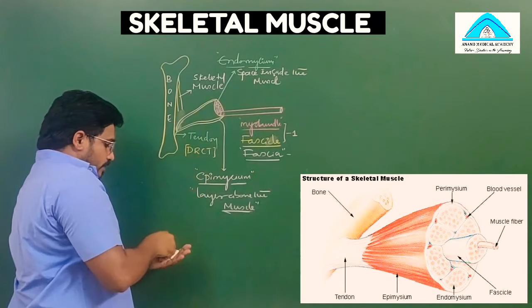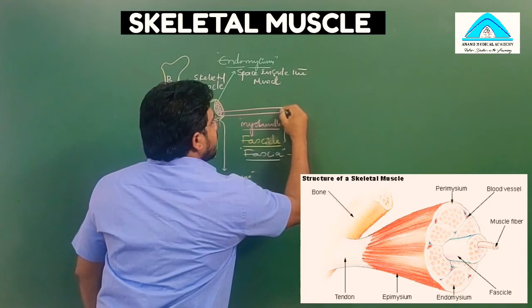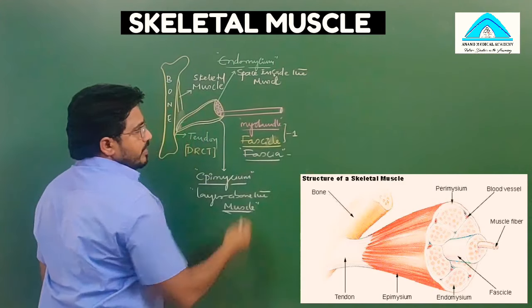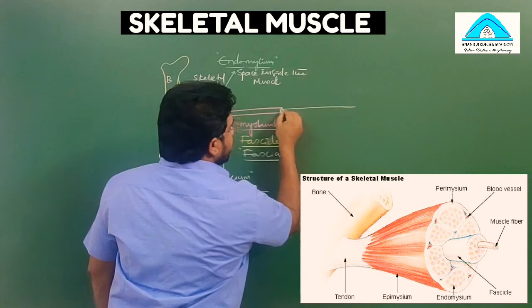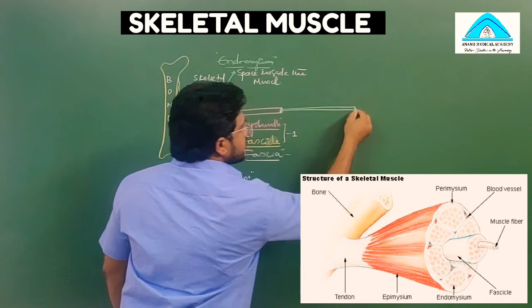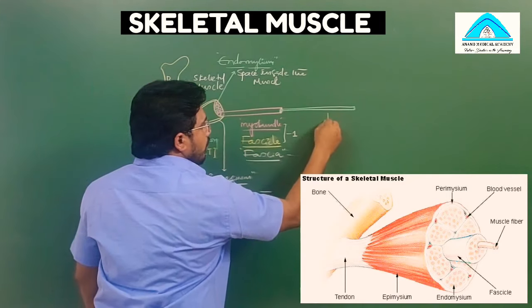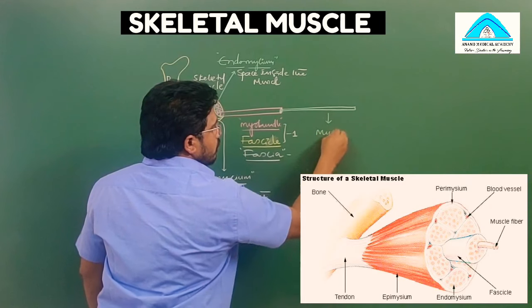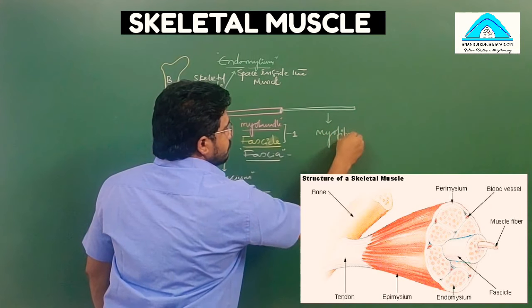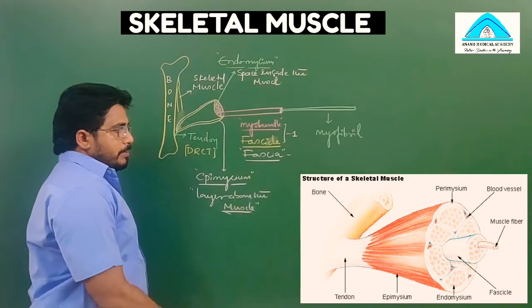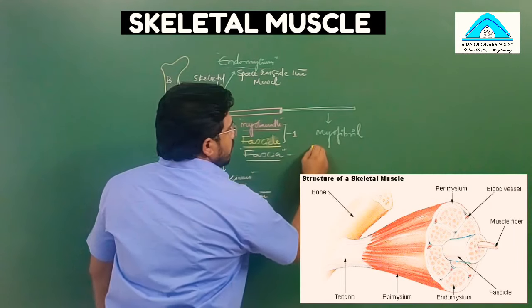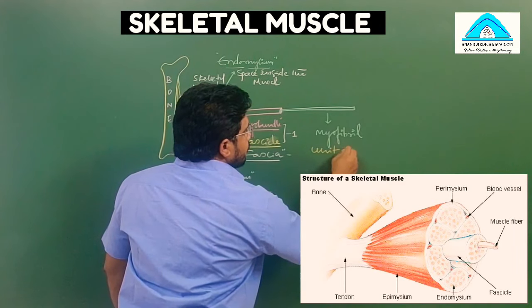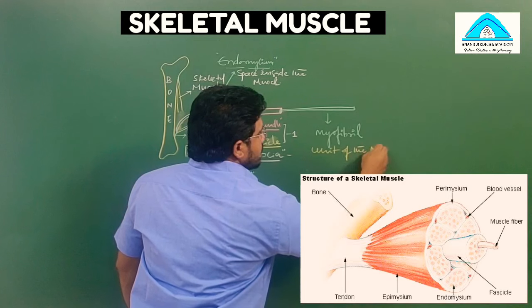Inside the myobundle, again there are many bundle-like structures. If we extract one out, it looks like this. This is called a myofibril, also called the unit of the muscle.